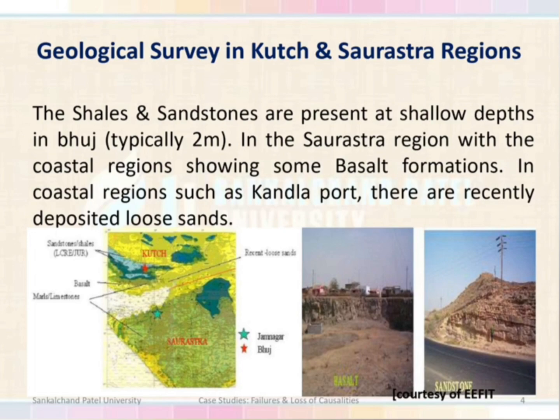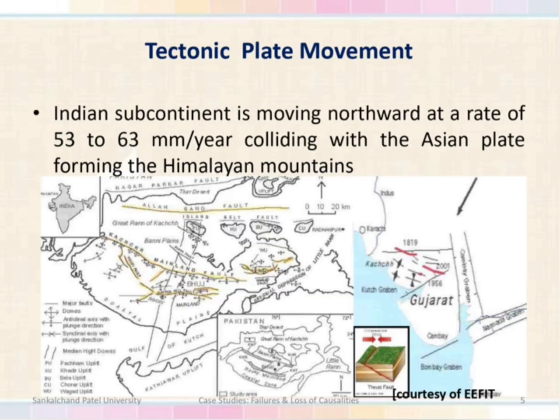In the Saurashtra region, basalt formation is major, and near Kandla port, major deposits of loose sand are available. The Indian subcontinent is moving northward at the rate of 53 to 63 mm per year and colliding with the Asian plate.